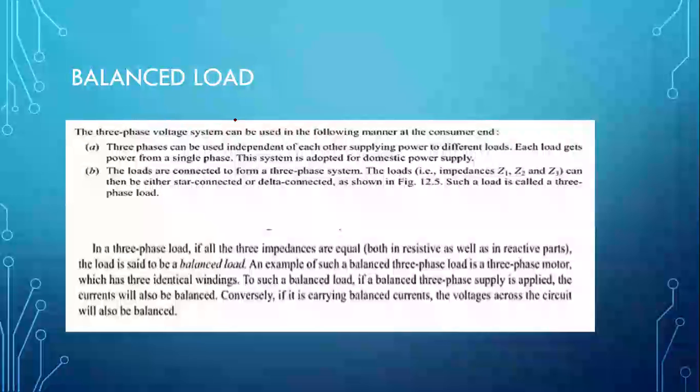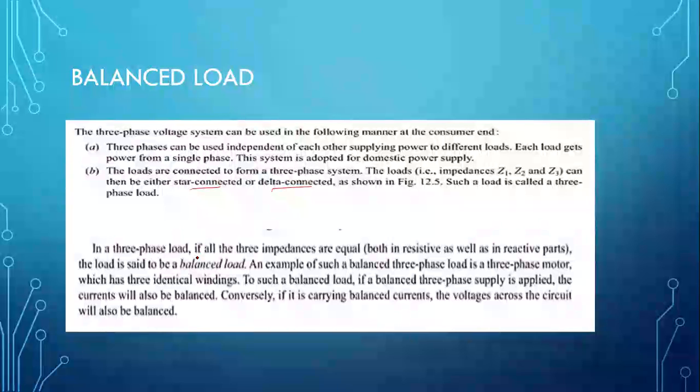So when we talk about balanced load, it is very important that the loads Z1, Z2, Z3 can either be star connected or delta connected. Okay, so three phases can be used independent of each other, supplying power to different loads. Okay, we can use this for domestic power also.